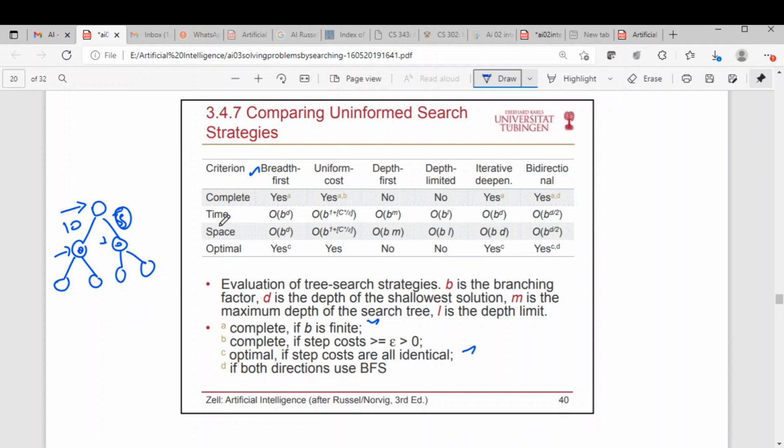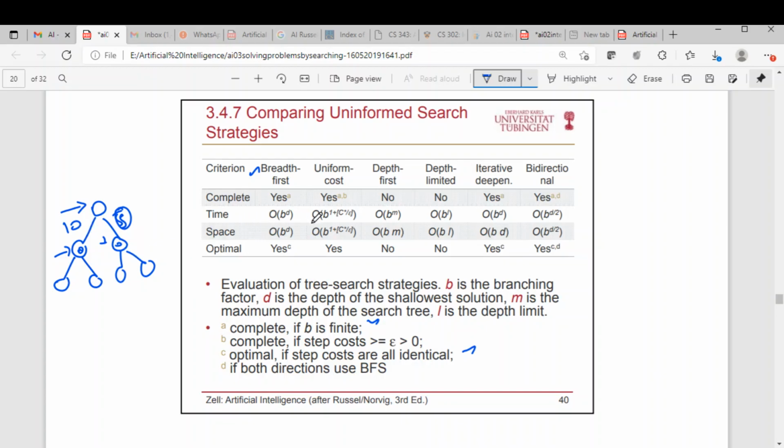And what is the time complexity? In uniform cost search, the step costs will not be identical. Each step may have a different cost. That is what is expected for a uniform cost search algorithm, because uniform cost search is an improved version of breadth first search with different step costs.